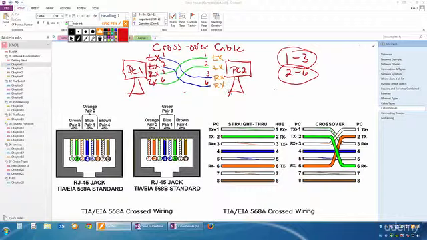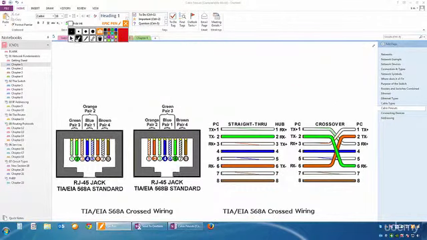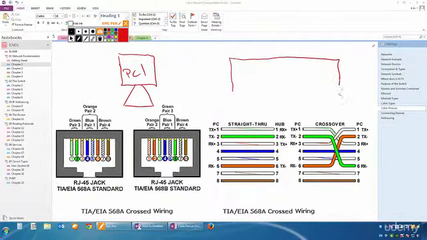So that makes me wonder then, do I buy crossover cables for everything? Well, that's an interesting thing. Let's talk about that. Let's take a look at our PC here. I'm going to draw a big one this time. And let's take a look at our switch.